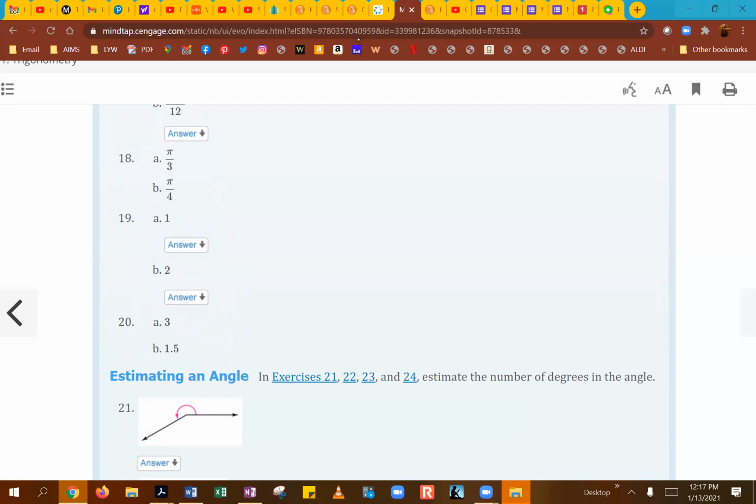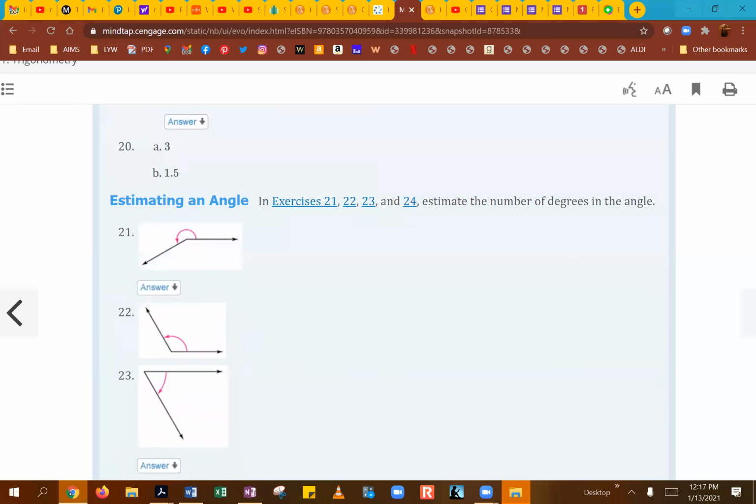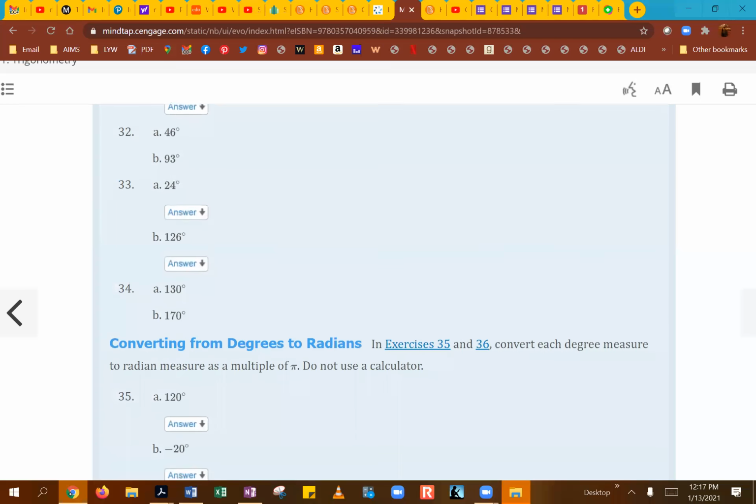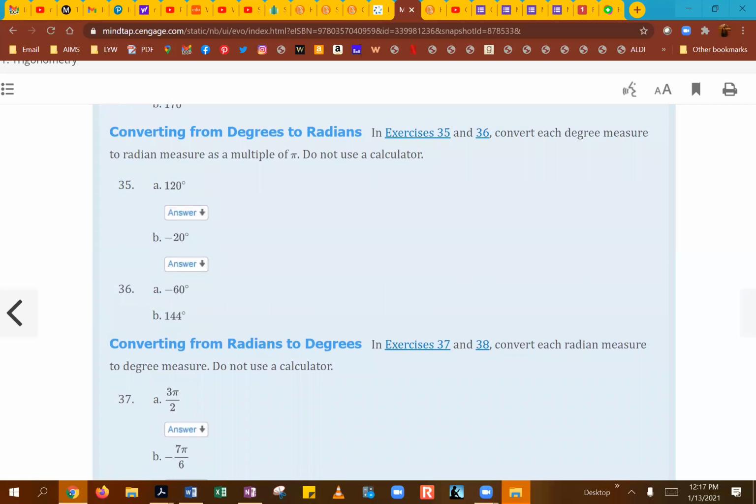All right, so let's take a look at 35b. All right, so converting this from degree to radian.